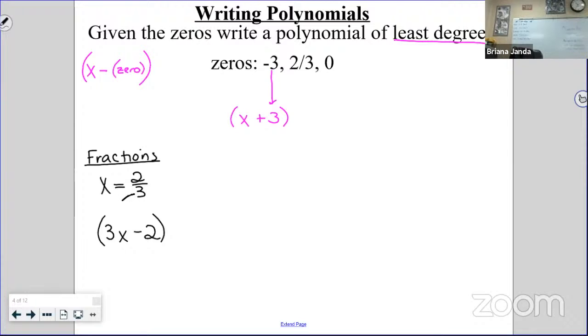Your denominator moves to the number in front of x. Your numerator moves to the end. And we do the opposite sign, right? It is a positive 2/3, so we subtract. So it goes denominator, opposite sign, numerator.